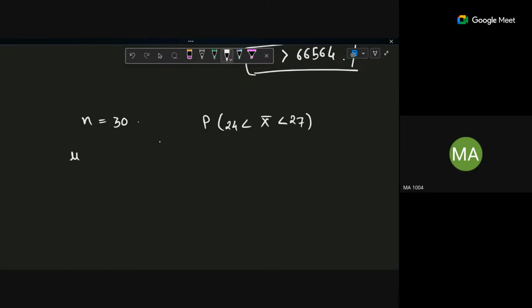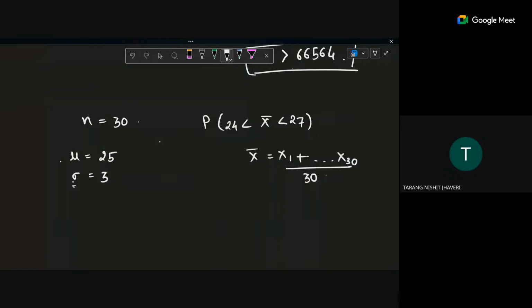Also given that mu is 25, and sigma is 3. It's sigma, not sigma square. Standard deviation was given. So x bar will be x1 to x30 divided by 30. Then just tell me, this is the mean and standard deviation of what?